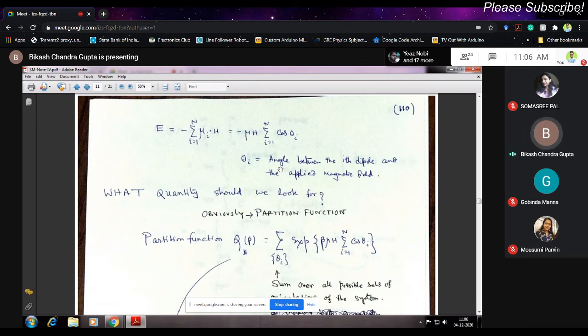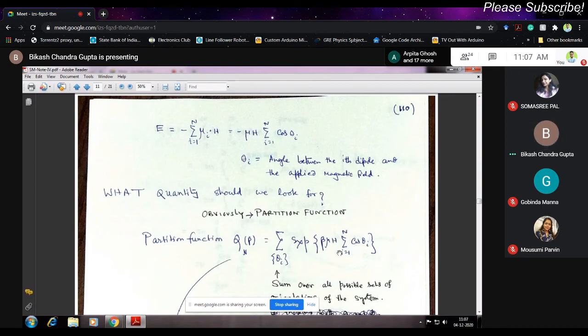In the third configuration, theta 1 double prime, theta 2 double prime, theta 3 double prime, theta 4 double prime. So you can have different kinds of sets for theta i's, right? Each set corresponds to a particular energy, and that set is also probable. And what is the probability? E to the power minus beta e.